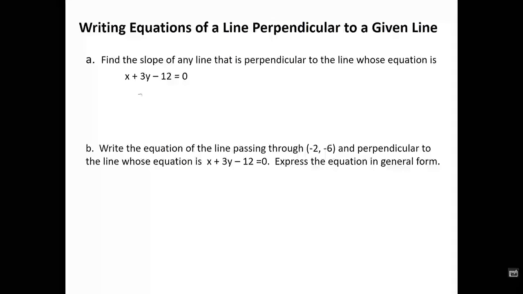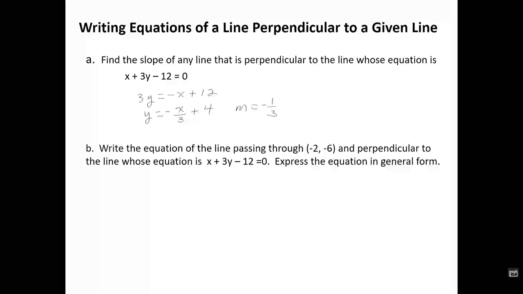So we have 3y = -x + 12. Divide by 3. y = -x/3 + 4. This is the given line expressed in the slope-intercept form, and the slope of the given line is -1/3.